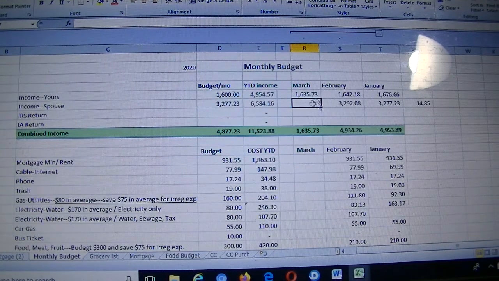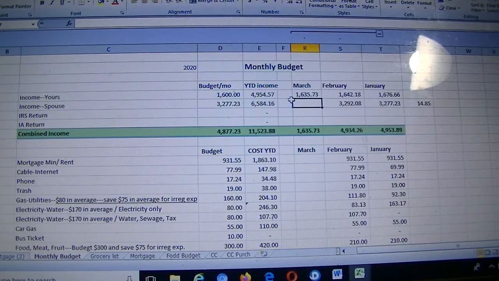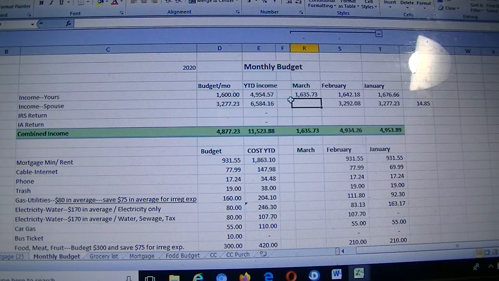That income he earned in February, we save it and we will put it in March. So what he's going to earn in March, we will spend in April. We live on his income, but we live on the previous month's income of his.